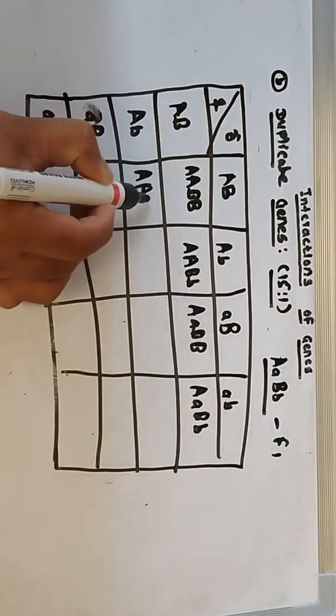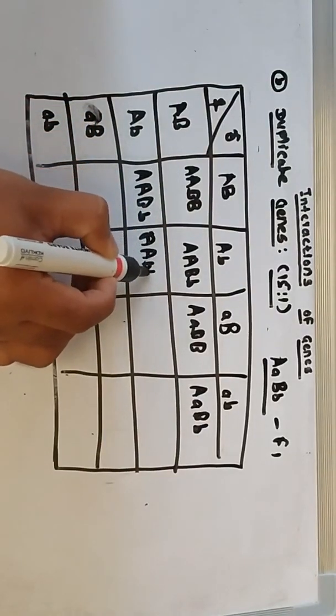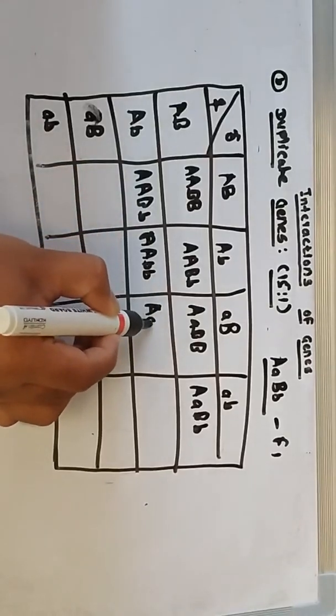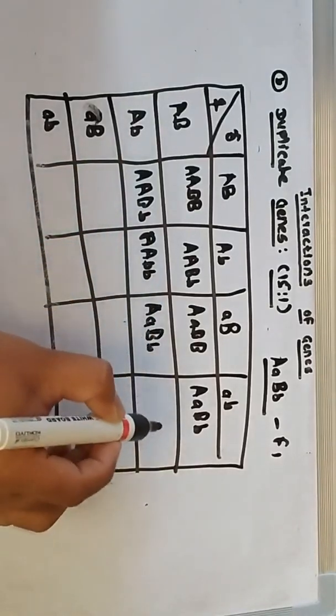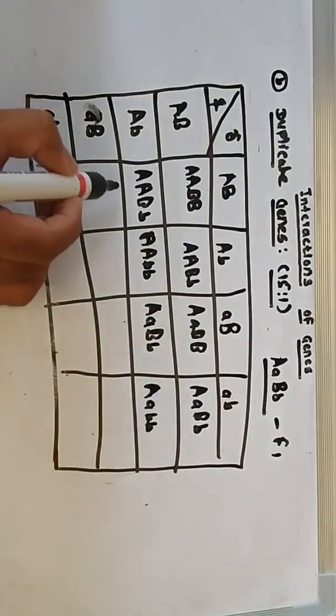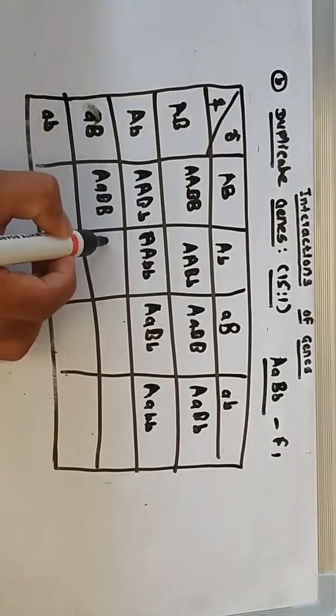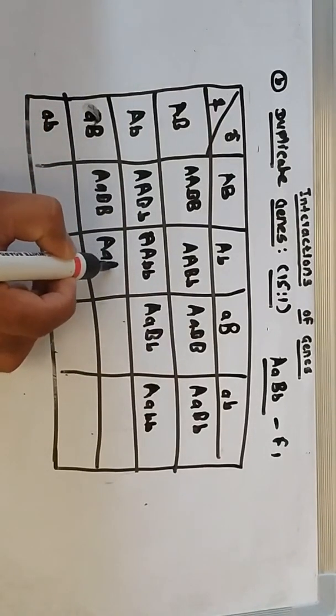Capital A, capital A, capital B, small b. Capital A, capital A, small b, small b. Capital A, small a, capital B, small b. Capital A, small a, small b, small b. Capital A, small a, capital B, capital B. Capital A, small a, capital B, small b.